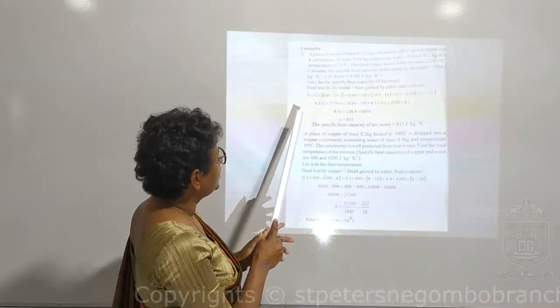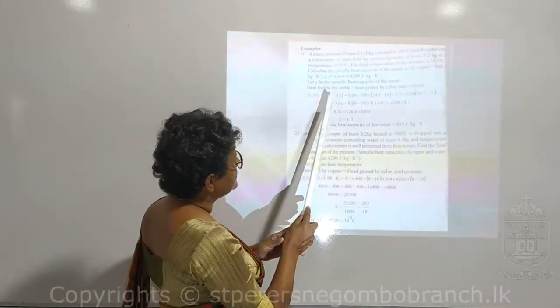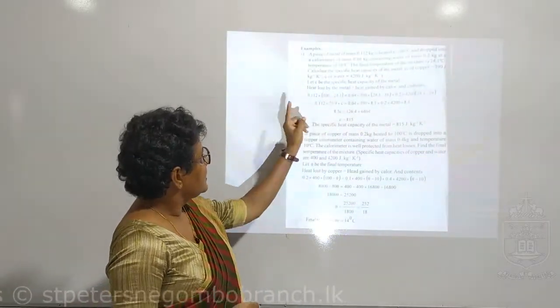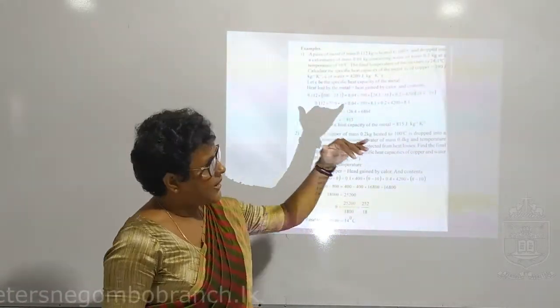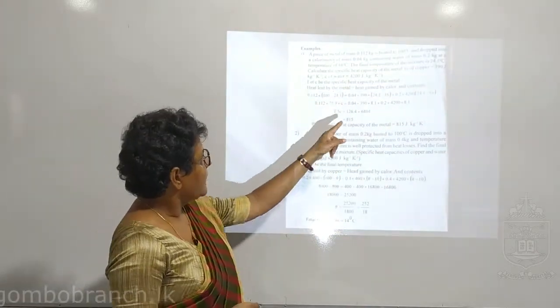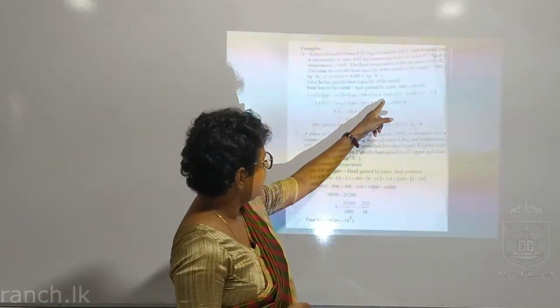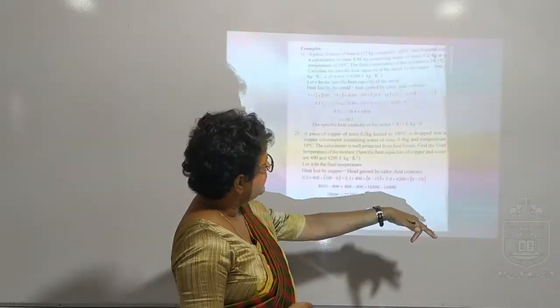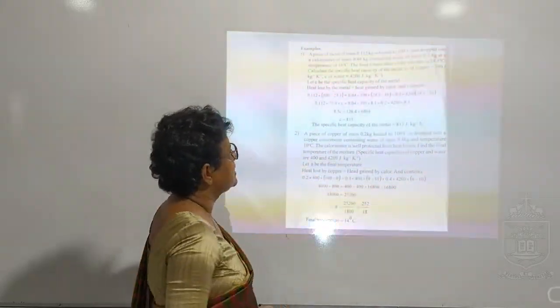So you have to get this difference. The heat given is the initial temperature minus the final of the metal, and here the initial temperature of the calorimeter plus water and the final temperature it reaches, right?